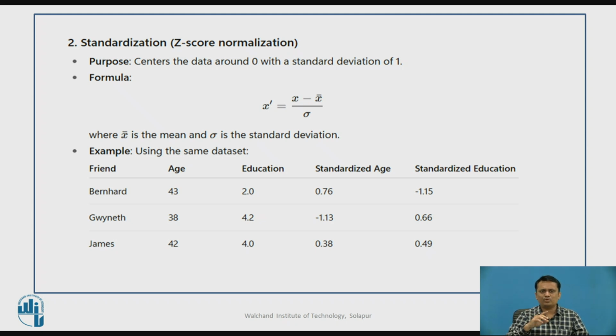Now how exactly can the standardization be done? So again this is the formula for standardization. This x dash represents the standardized value of the attribute x.